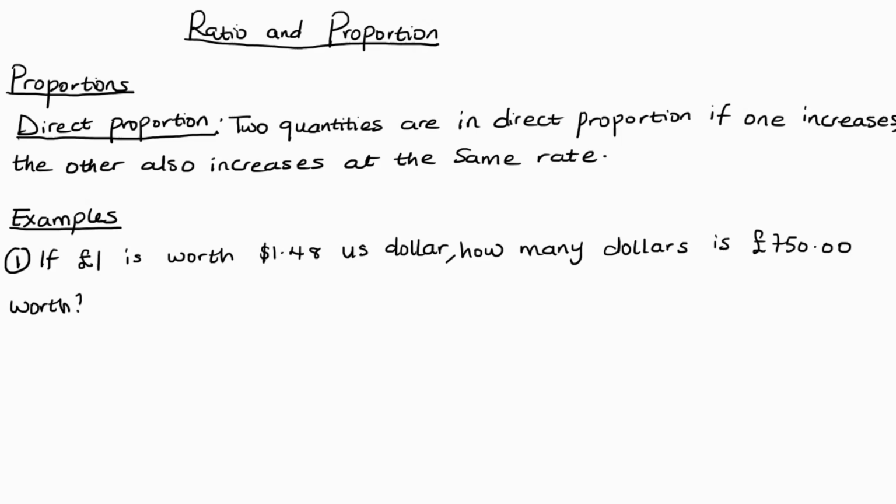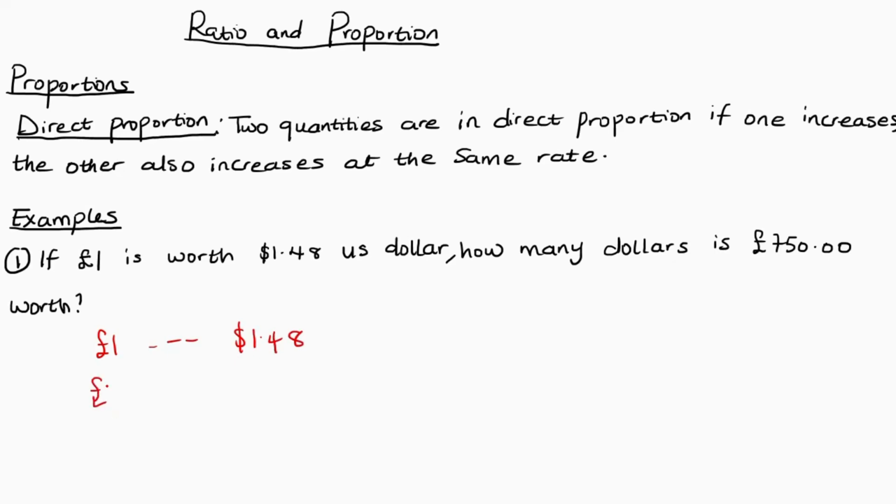Now we have an example question that says, if £1 is worth 1.48 US dollars, how many dollars is 750 pounds worth? So we want to simply calculate how many dollars 750 pounds is worth. We already know that £1 is equivalent to $1.48.